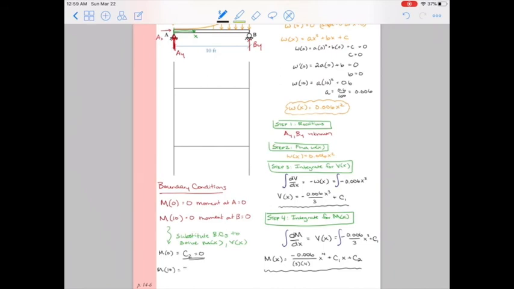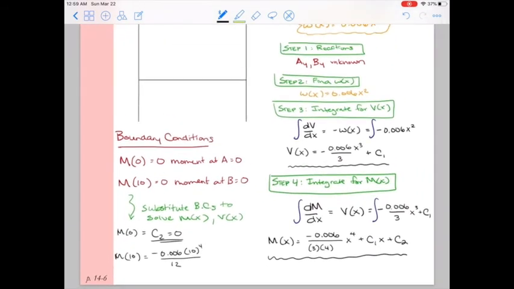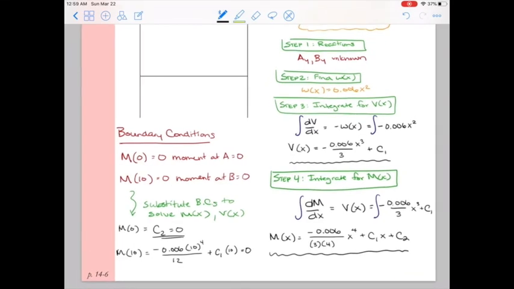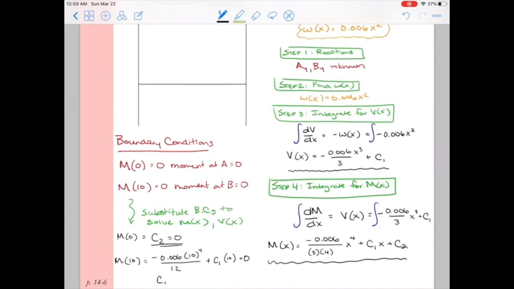That gives me minus 0.006 over 12 times 10 to the 4th plus C1 times 10 equals 0, because C2 was 0. And now I solve for C1, just do some algebra. C1 turns out to be a positive 0.5.